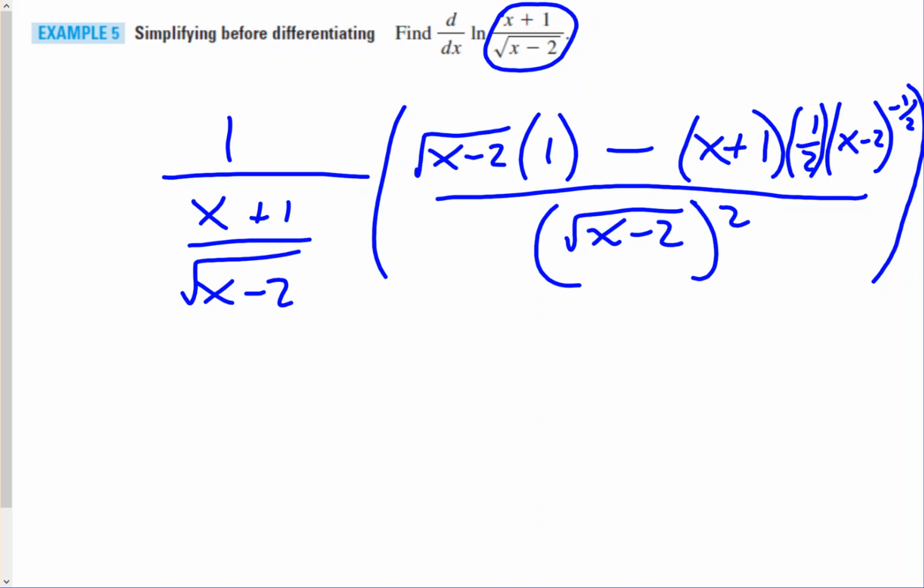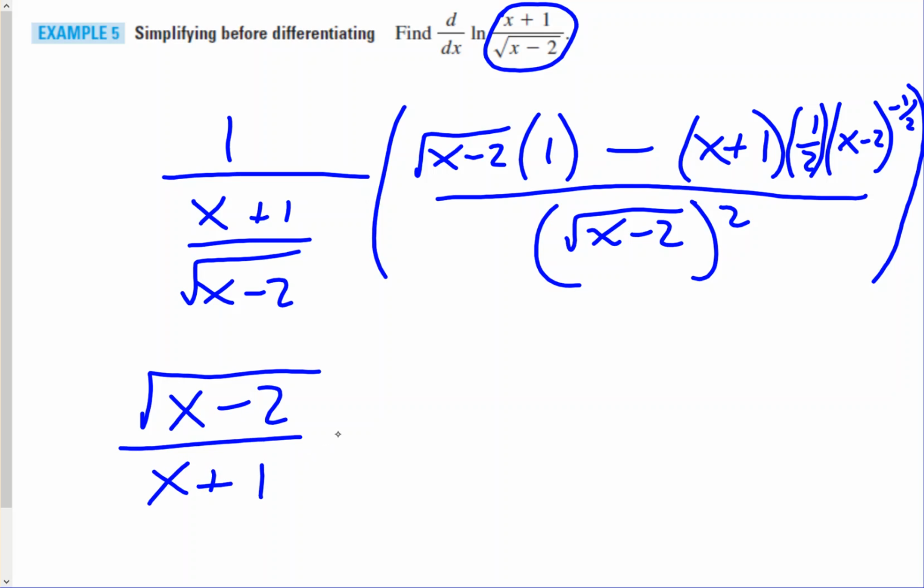So now simplifying on the left, 1 over this fraction is going to flip this around. So it'll be the reciprocal, square root x minus 2 over x plus 1.